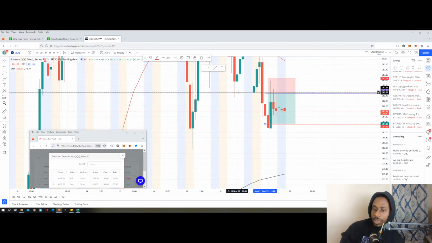What I basically did was I have the point of resistance here, right? So we had broken down here, closed below the point of resistance. My psychology going into this trade was, if we came to this point of resistance, we would have come back down, and I just wanted to catch some of the move down.